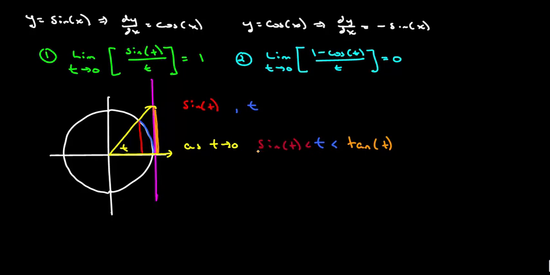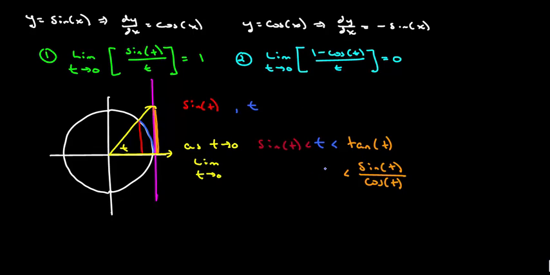So what happens is the limit as t goes to 0 of these guys traps this guy in between these guys. Now watch what I'm going to do here. I'm going to rewrite this as, let's do it in the right colors here, sine of t over cosine t.